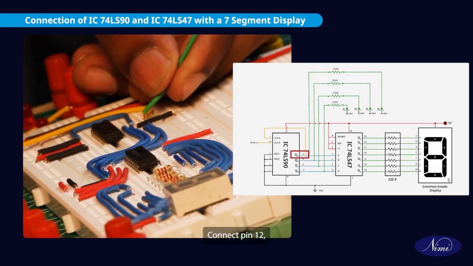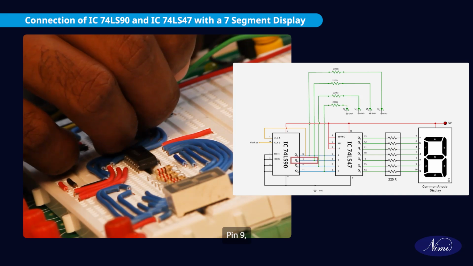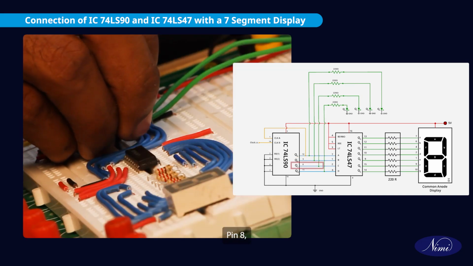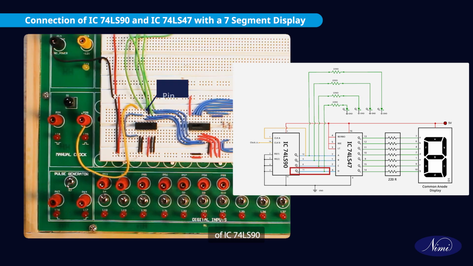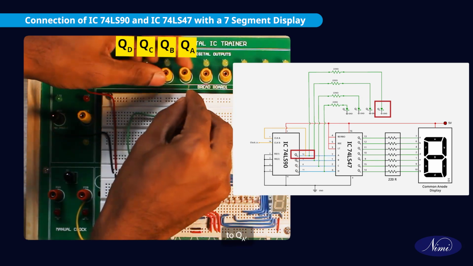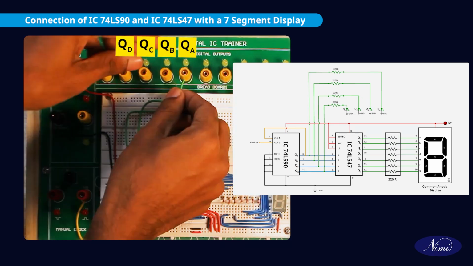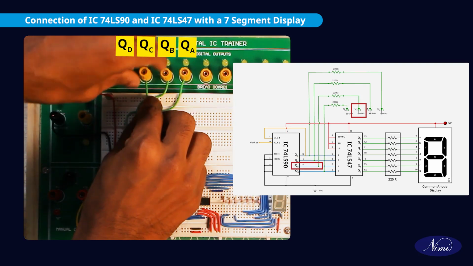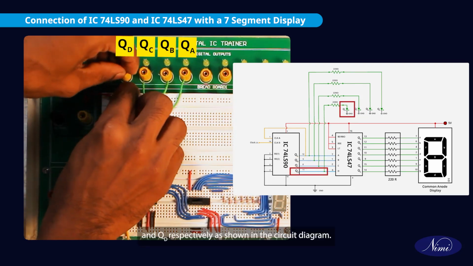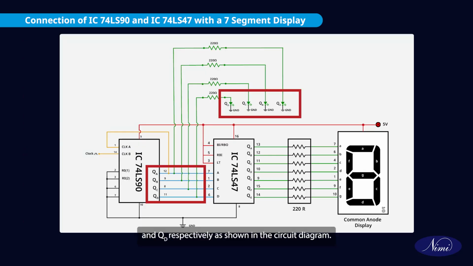Connect pin 12, pin 9, pin 8 and pin 11 of IC74LS90 to QA, QB, QC and QD respectively as shown in the circuit diagram.